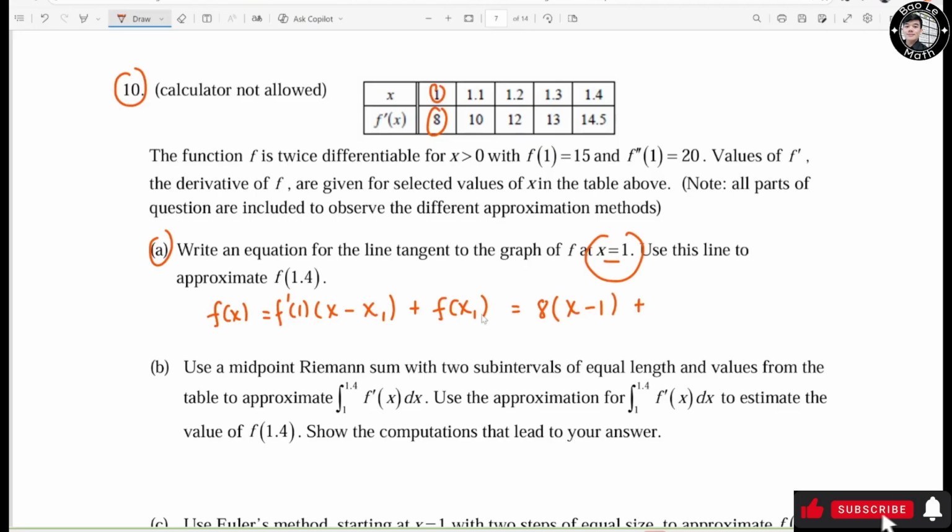Plus f of 1. f of 1 is 15 right here. So we need to calculate f of 1.4. It's going to be 8 times 1.4 subtract 1 plus 15, right? So it could be 8 times 0.4 plus 15, right? 8 times 0.4 is 3.2, plus 15 is 18.2.